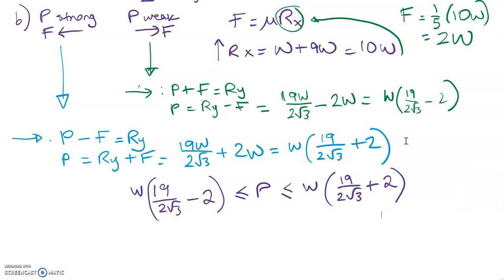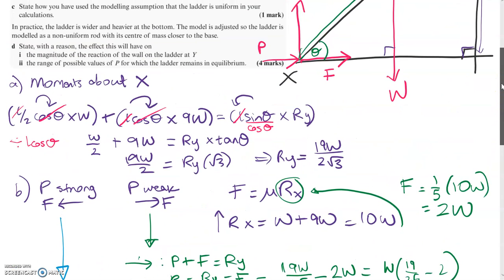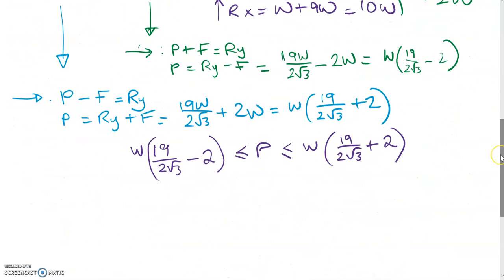Okay, so what's part C? It says, explain how you've used the fact that the ladder is uniform. Well, what we've done is we've said that the weight acts at the midpoint of the rod.